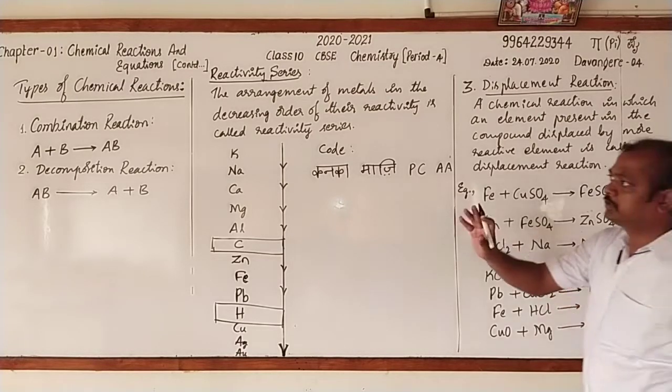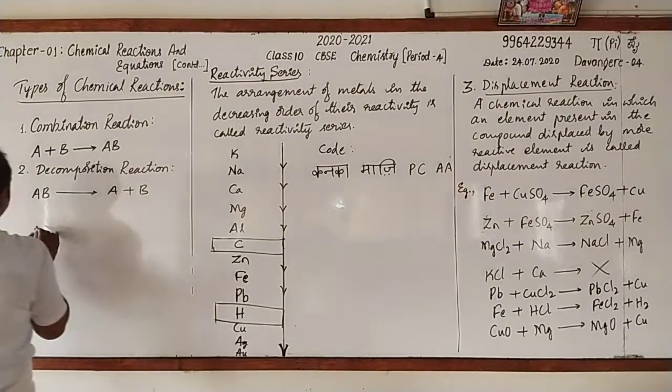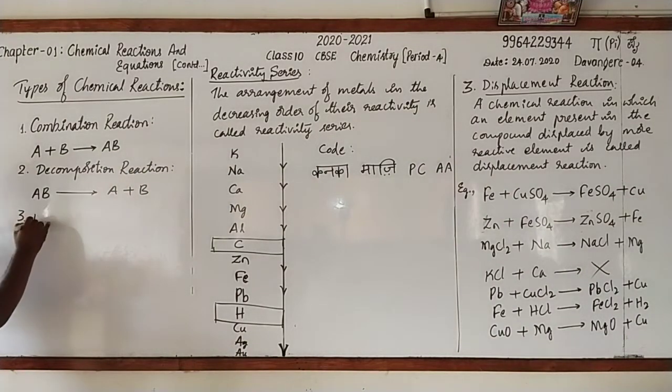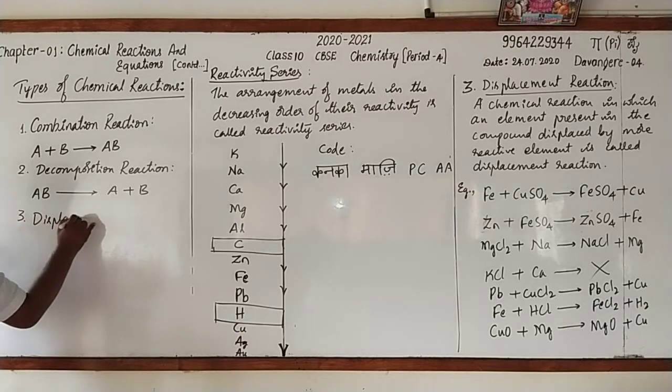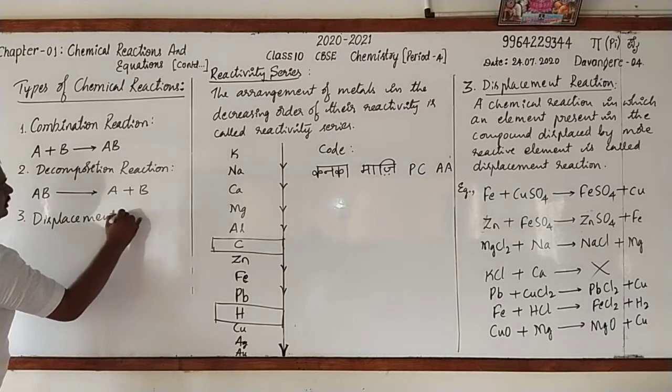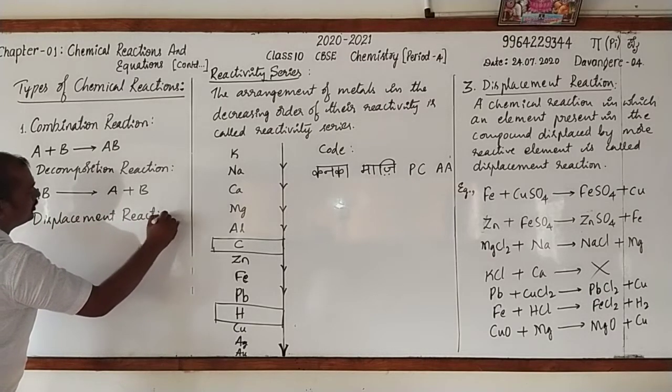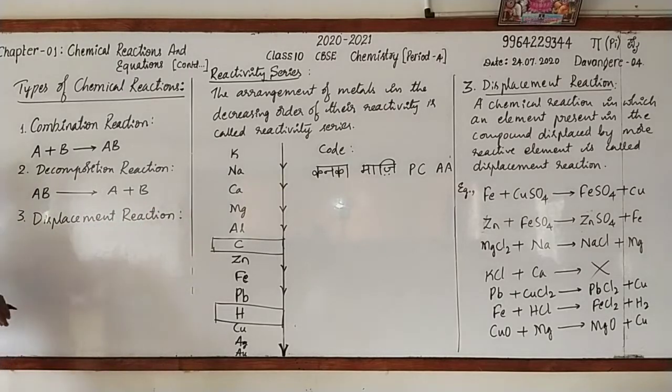Clear? Here I'll write. What is the third type of chemical reaction we have learned? It is displacement reaction. Got it? Then how do you write its general form? Assume that AB is a compound, in which one side will be electropositive and the other side electronegative.